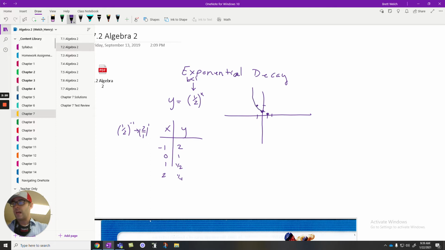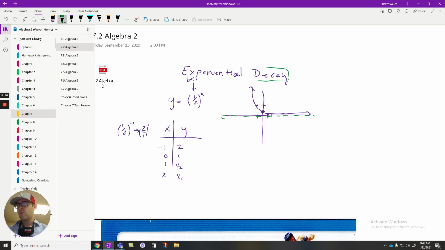Instead of starting flat and taking off, this one starts out very vertical and then flattens out over time. It's still going to have a horizontal asymptote right there at 0. It still has the same domain and range restrictions that you saw in 7.1. So if that doesn't make sense, go back, watch 7.1, and come back to here. In terms of the domain and range, the domain is all real numbers and the range is y is greater than 0.